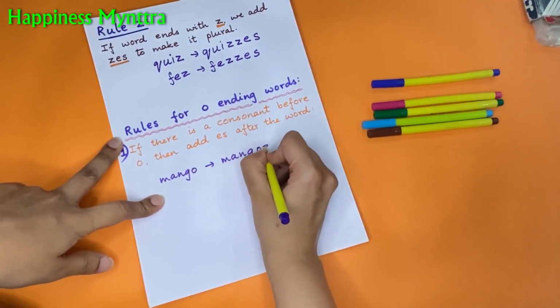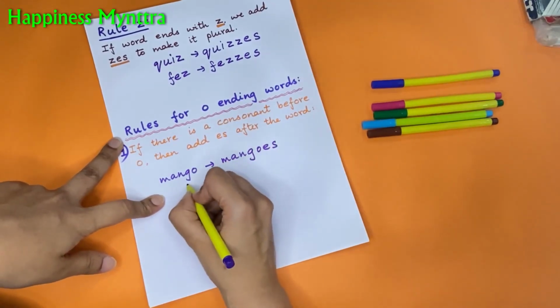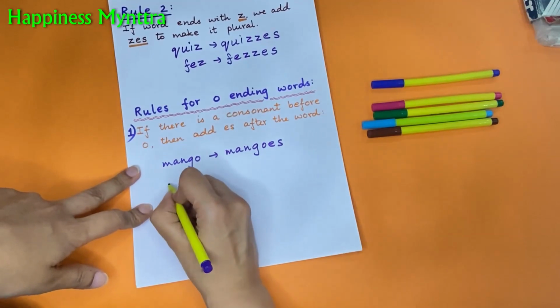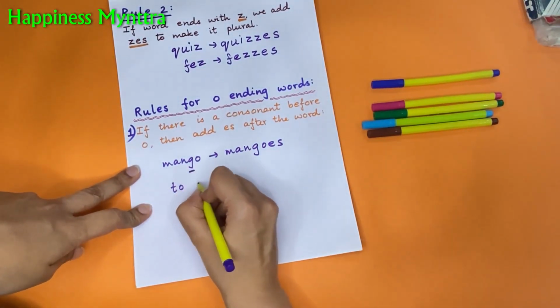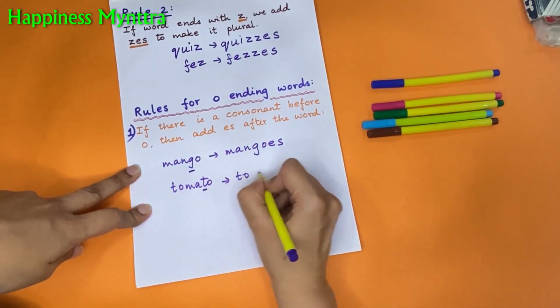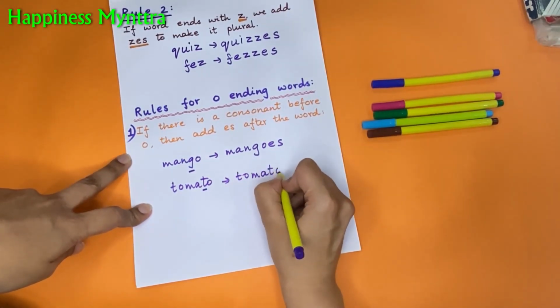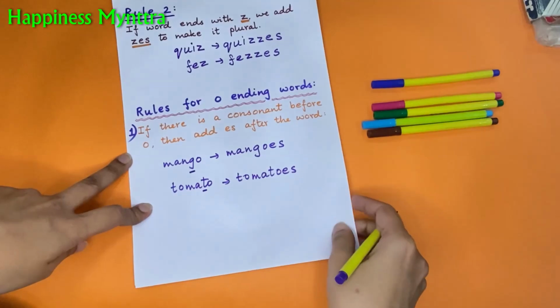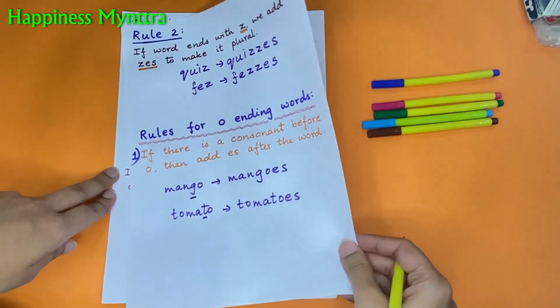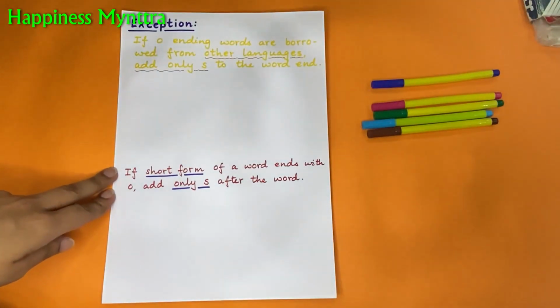So mangoes, because before the O there was a consonant G. Similarly, tomato will become tomatoes. Many more words, potato, hero, lots of words for this rule as well.